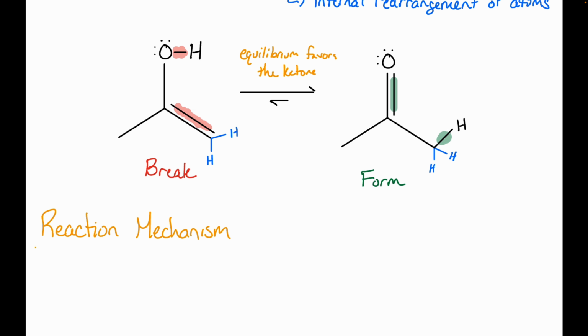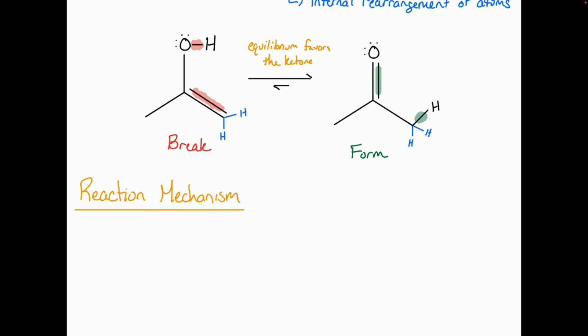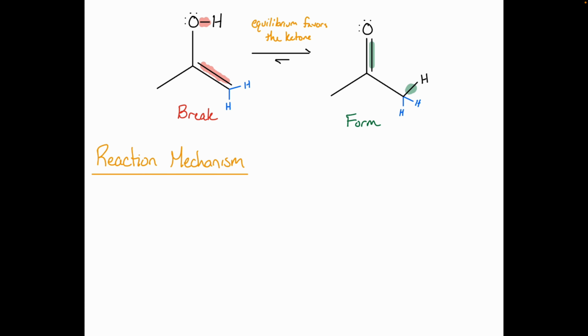And this is a reaction that can be catalyzed in either acidic or basic conditions. In organic chemistry, we are often using acids and bases to catalyze our reactions, and depending on those conditions, it lets us know what our mechanisms should look like.